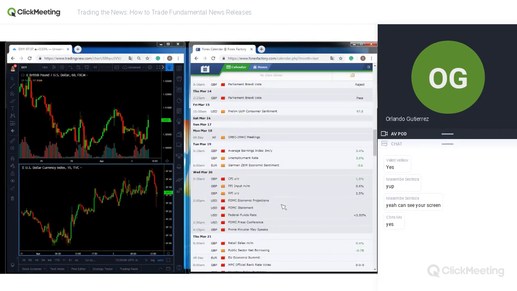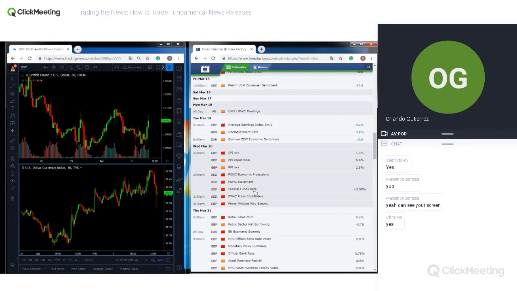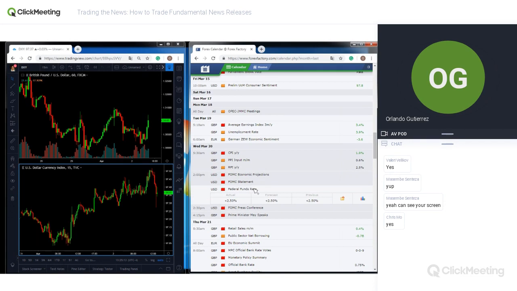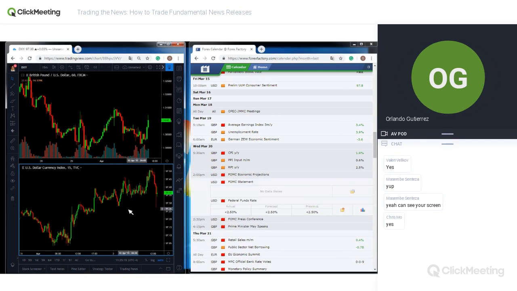All right. And let's look at the federal funds rate. The federal funds rate is the interest rate at which the Federal Reserve lends money to commercial banks overnight. One of the main ingredients in quantitative easing is to maintain the federal funds rate near zero, because that way commercial banks have access to cheap money.